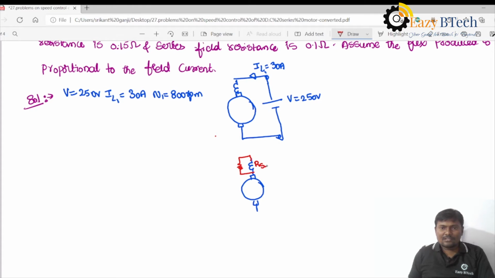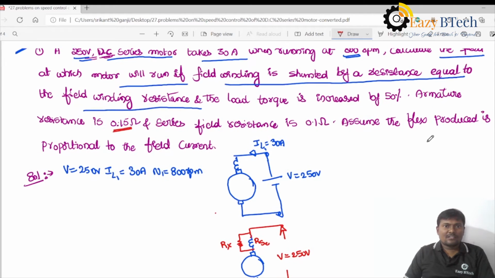This is RSC and the external resistance is Rx. So V is equal to 250 volts. The RSC value is given, what is this resistance here.